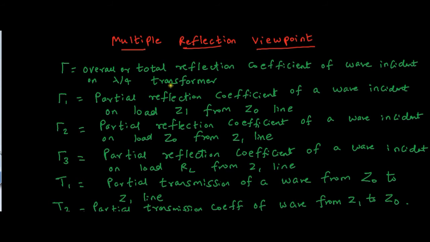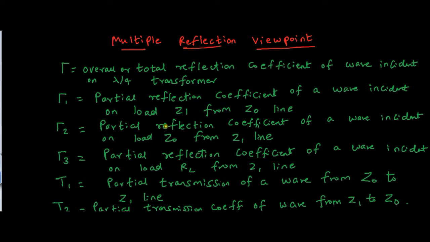First one is the total reflection coefficient of a wave incident on the quarter wave transformer. Next is partial reflection coefficient 1, which is nothing but the reflection coefficient of a wave incident on load Z1 from the Z0 line.